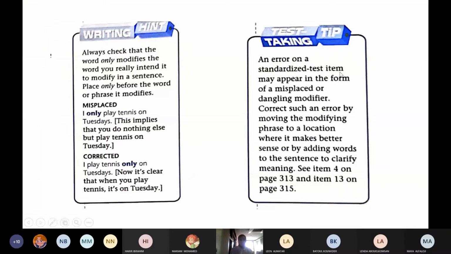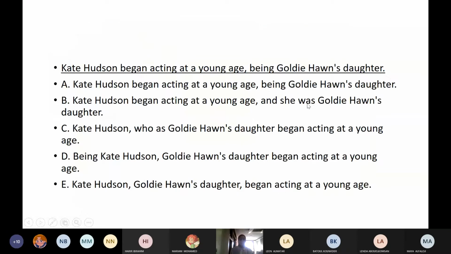An error or standardized test item may appear in the form of a misplaced or dangling modifier. Here: Kate Hudson began acting at a young age, being Goldie Hawn's daughter. This is an incorrect sentence.